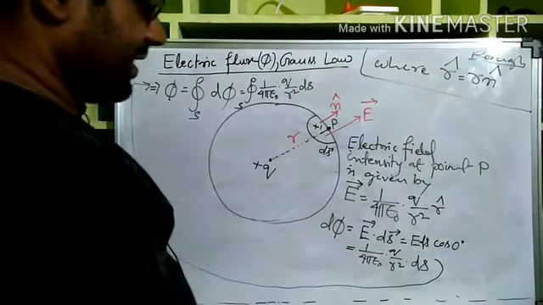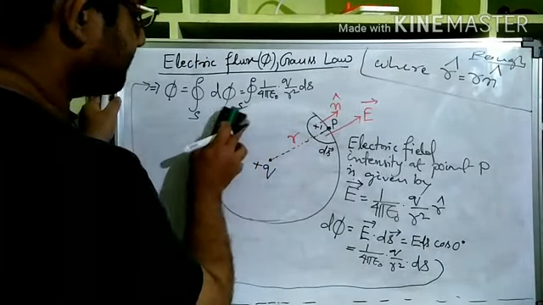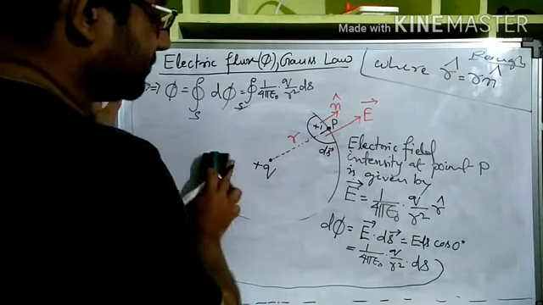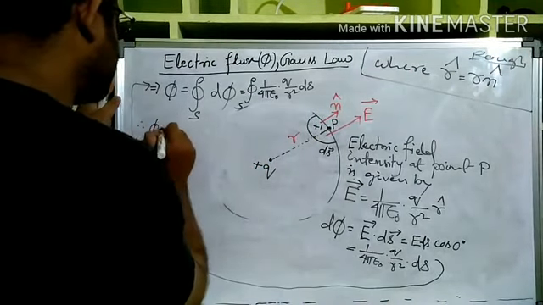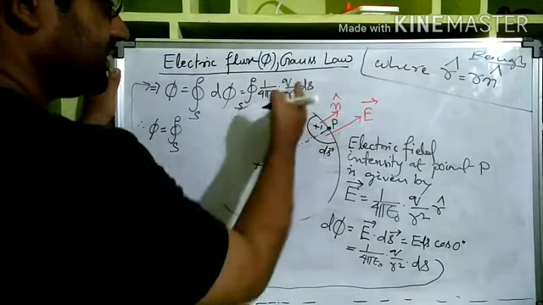Now, you have understood this, right? I am just erasing a little part of that so that I can continue from here. Now see, therefore phi is equal to the closed surface integral of this much.